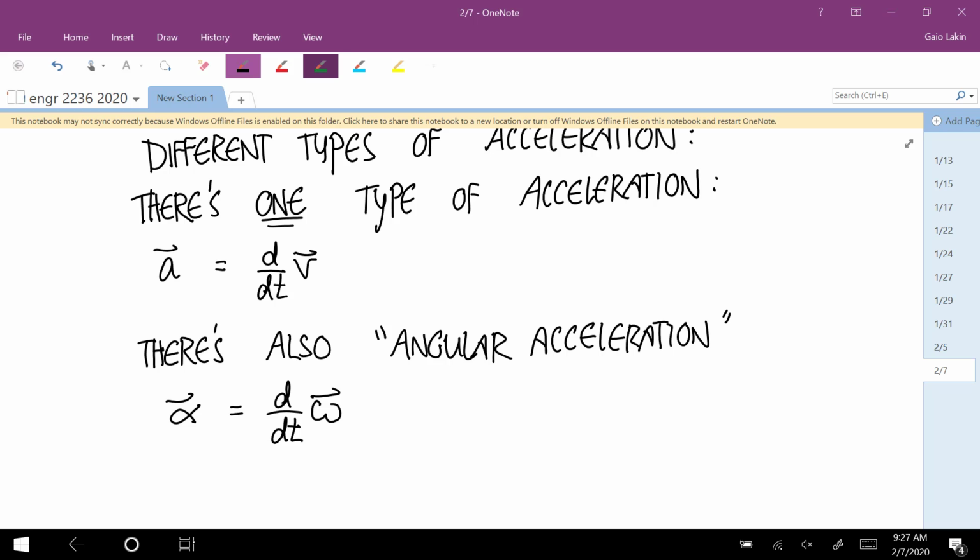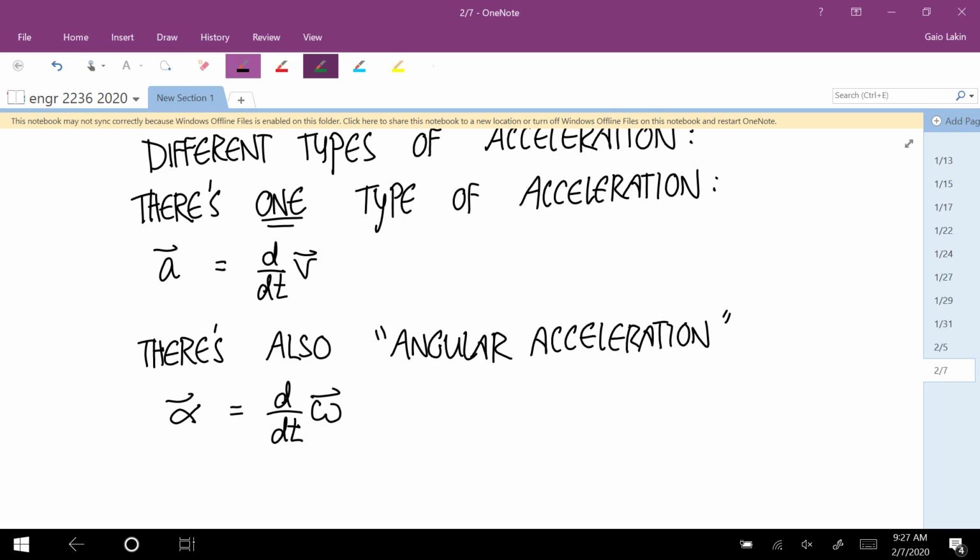You just use moments and angular acceleration instead of force and acceleration. So in a way, the similar naming is just a way to remind you that you can store a lot of the angular information in the same memory spot in your brain as the translational stuff. It's not the same, no. They mean totally different things.